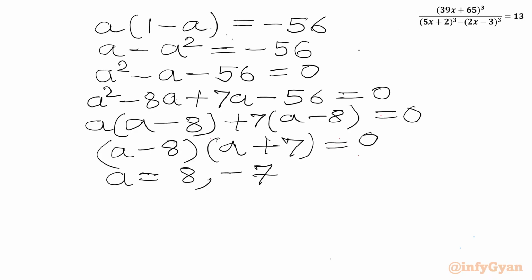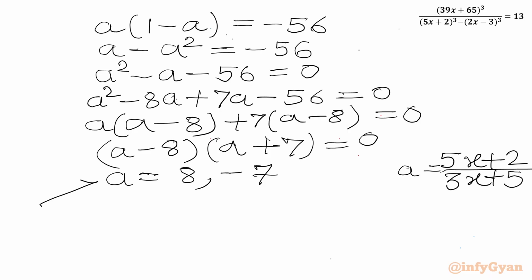Now A was our substitution. A was 5x plus 2 over 3x plus 5, which we are going to apply here. So I can write two equations. I will write 5x plus 2 over 3x plus 5.